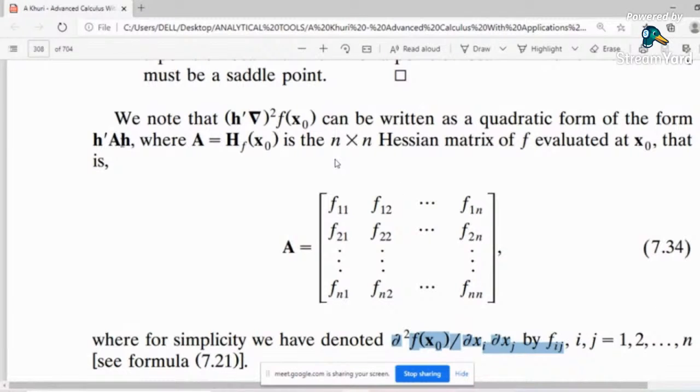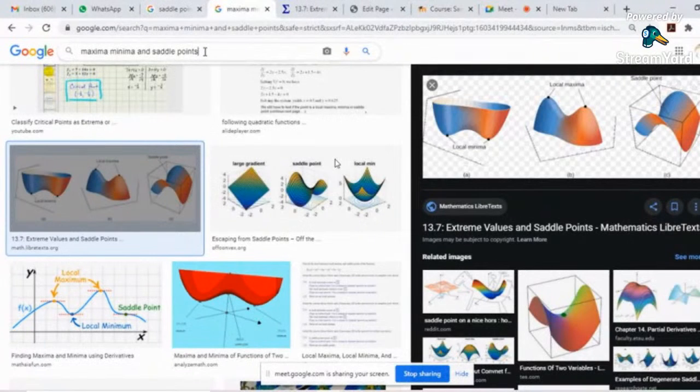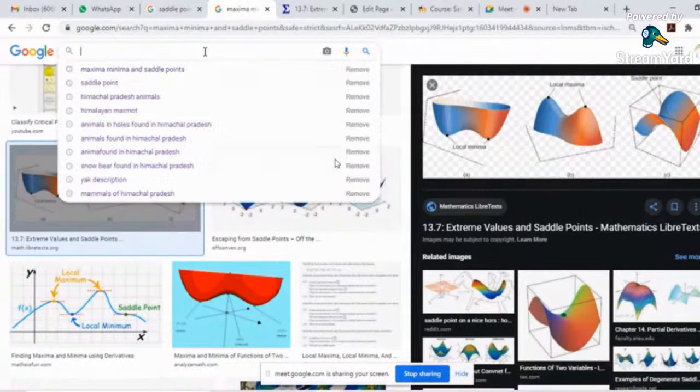Now what is h prime A h? This is usually known as a quadratic form. Do you know what a quadratic form is? For example, x square plus 2xy plus y square is an example of a quadratic form. I think you studied this in your matrix paper in the last module.